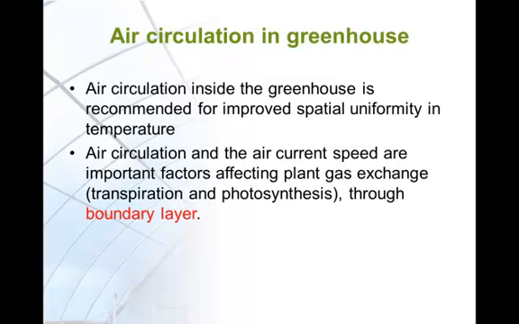Air circulation and the air current speed are important factors affecting plant gas exchange through boundary layer. Gas exchange includes transpiration, which is exchange of water vapor, and photosynthesis, which is exchange of CO2 and oxygen. Boundary layer is explained in the following slides.